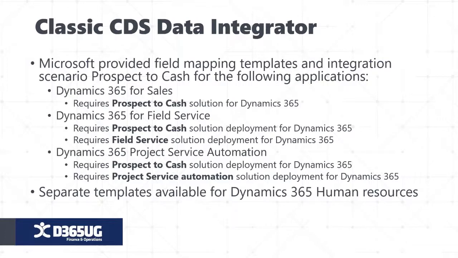Again, like we do in finance and operations, we deploy the code as a deployable package. So they have a solution package for that. You have to install the prospect to cash solution, and you can find that solution on App Store. Also worth mentioning that the prospect to cash scenario is now also supported by the dual write approach.